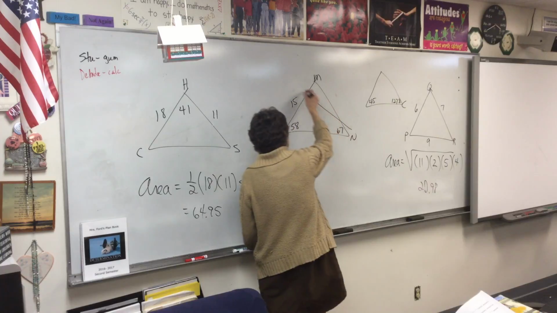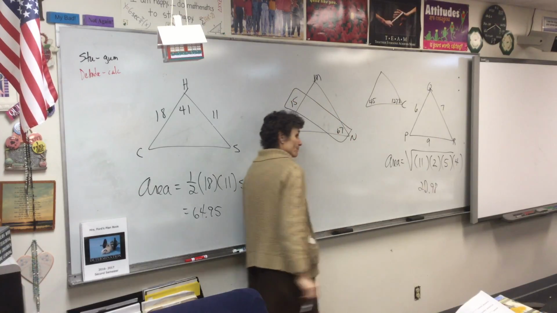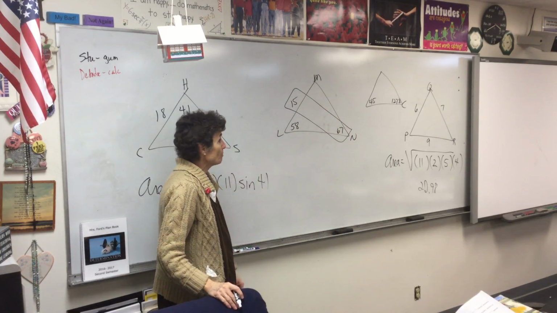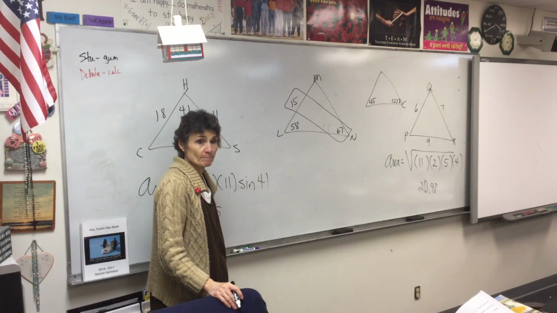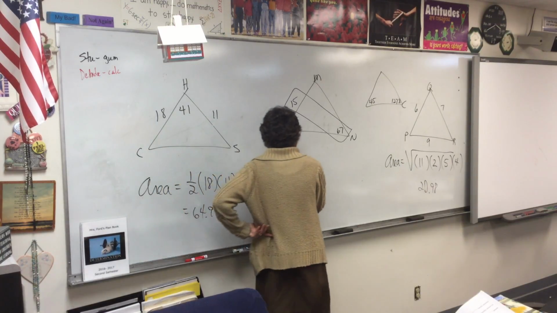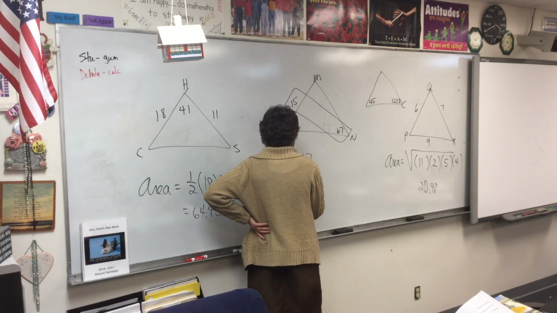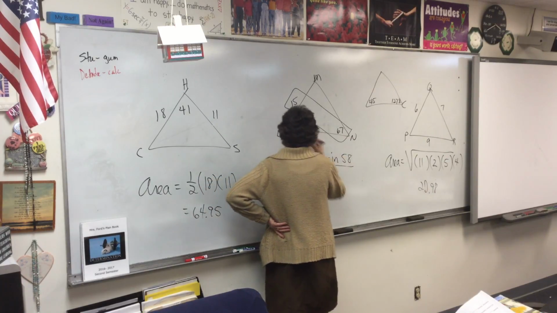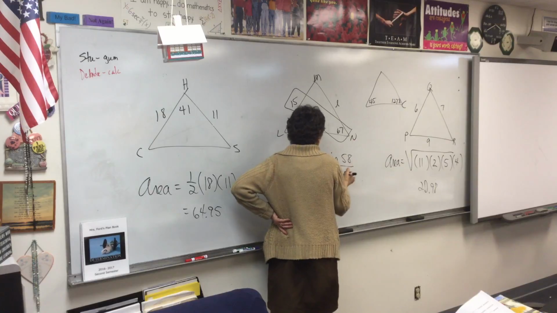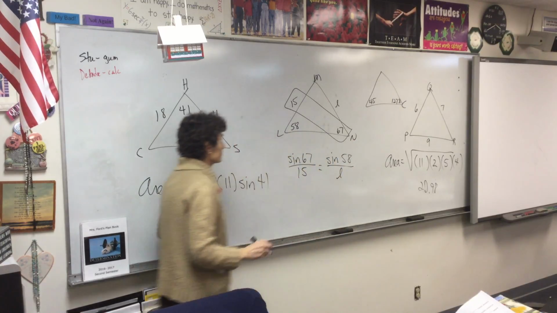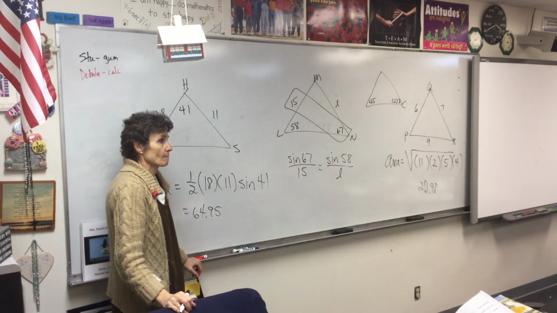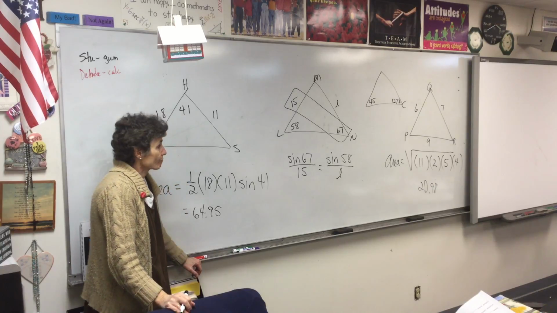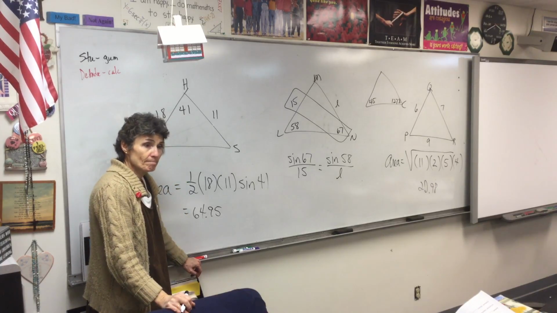Now, you picked up right now, because you're all paying attention, that this is a law of sines problem. So sine 67 over 15 equals sine 58 over, I'll call it L, little l. Is that okay with everybody?